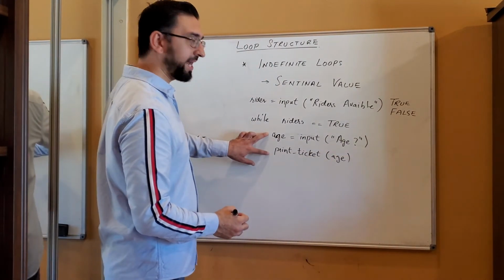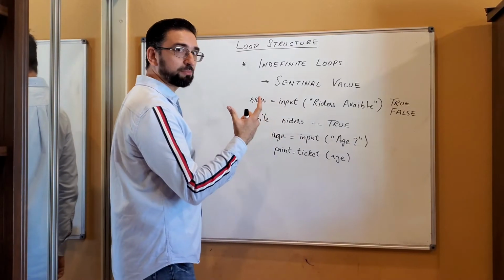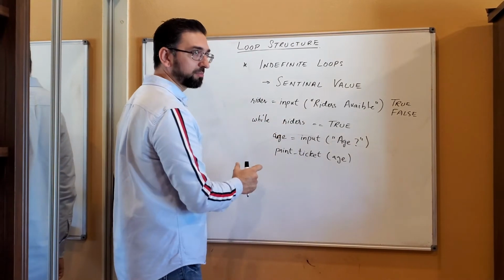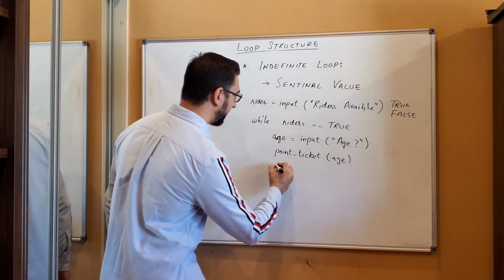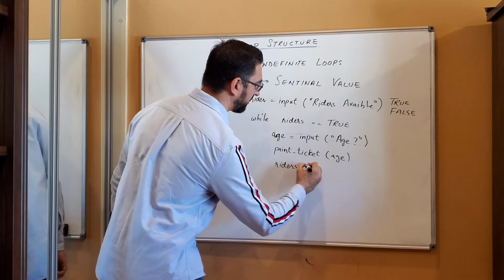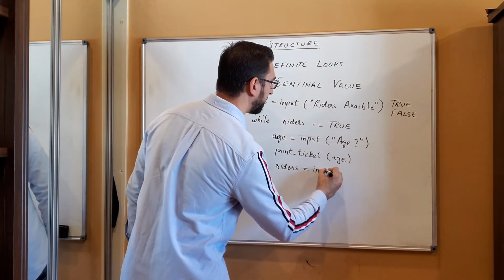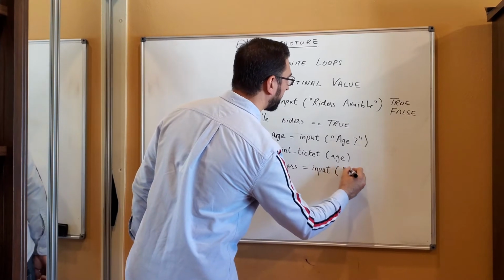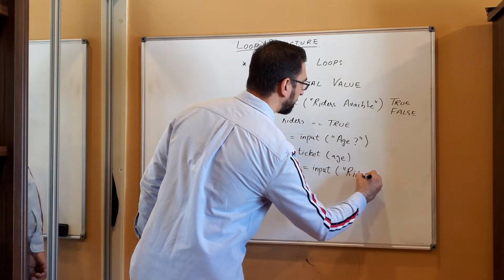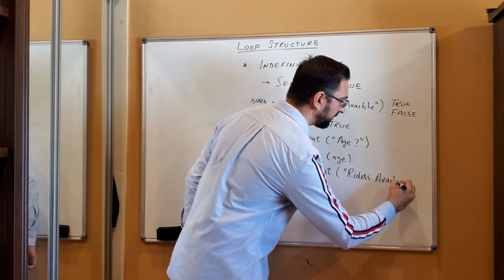Now once the task is performed in the while loop, if you remember from step 2, we have to alter the variable somehow. So in this case, we can ask the same question again, saying input riders available.